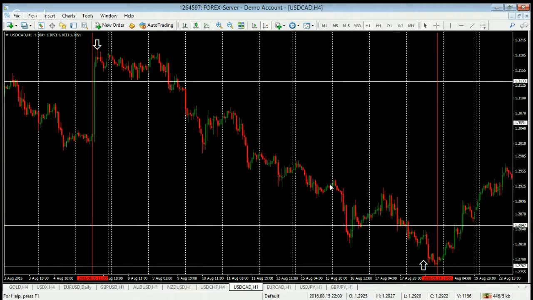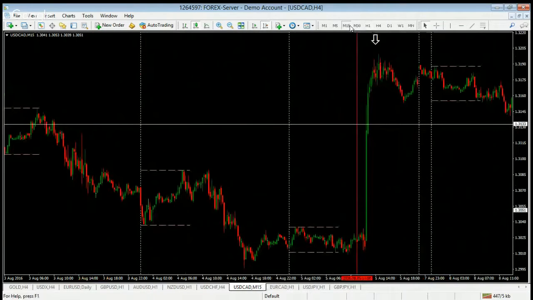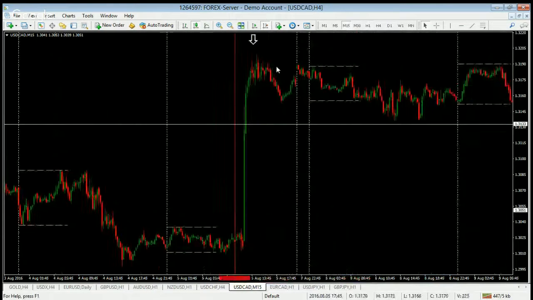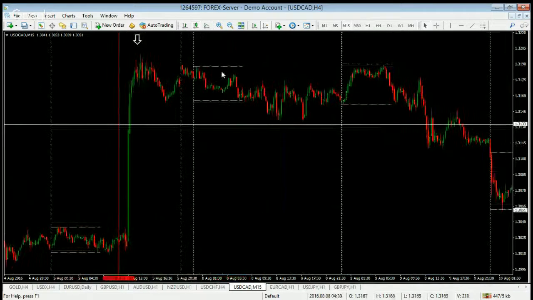In a downtrend, there's something I'm going to tell you now. In a downtrend, it's actually the market makers' manipulation. So I'm going to move down to the 15 minutes now. Exactly, this is where the downtrend started.